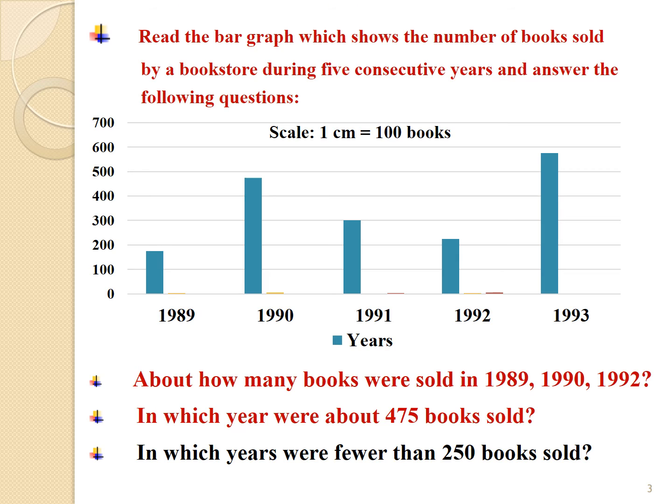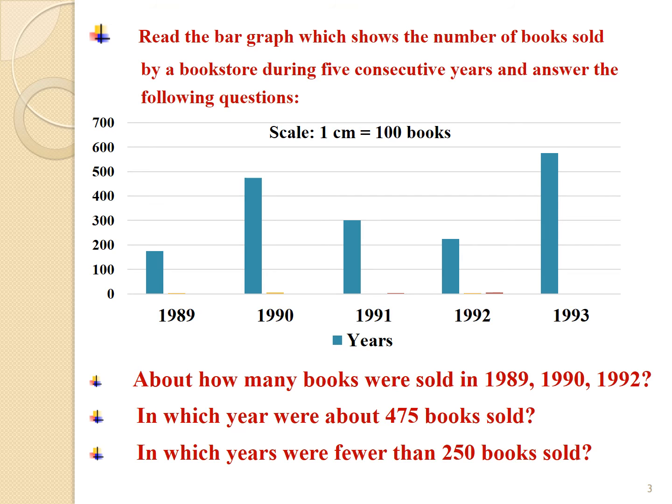Now, sum number 3. In which year were fewer than 250 books sold? Students, try to understand this question. In this question, we have to write the year or years in which number of books less than 250 were sold.